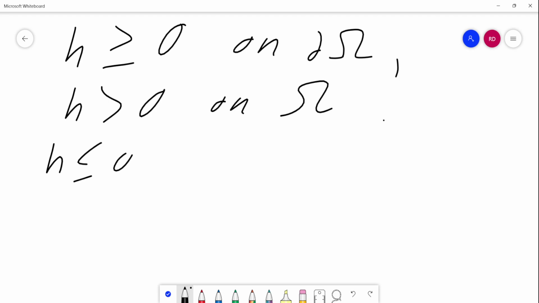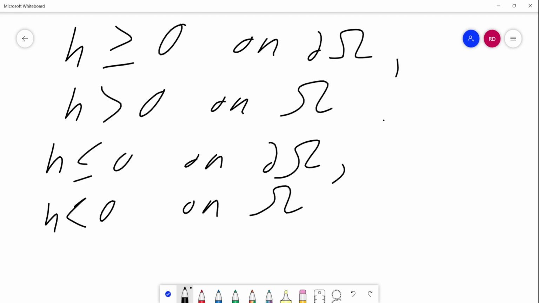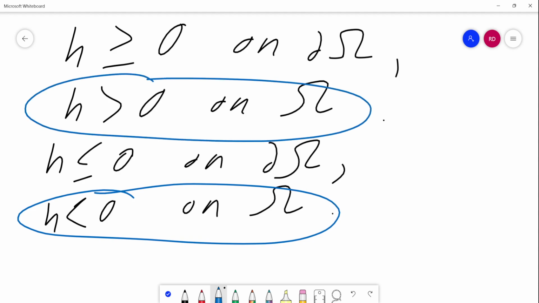But this is also true. And since this is impossible, the theorem gives us an out, which says if these statements about it being greater than 0 or less than 0, if either one of them is false, then it must be constant, and therefore it's going to equal 0.